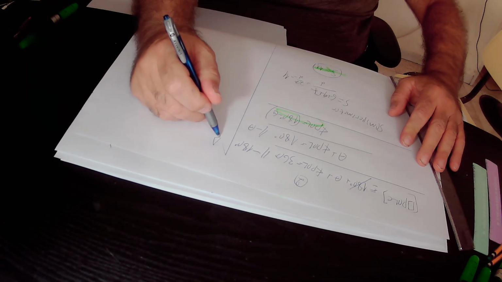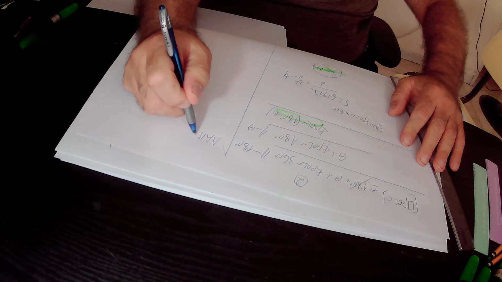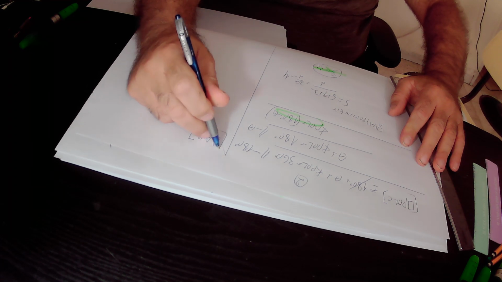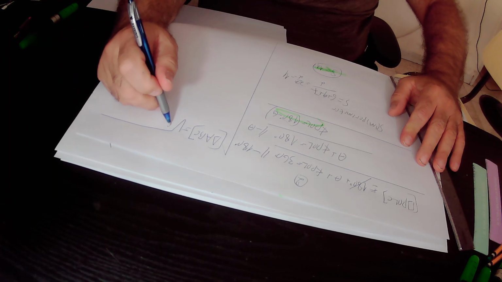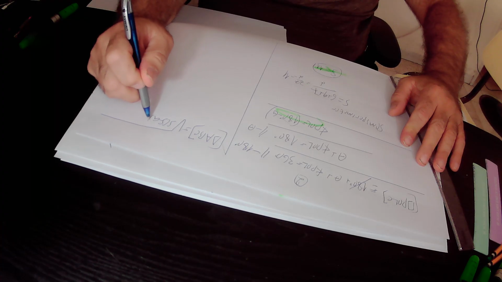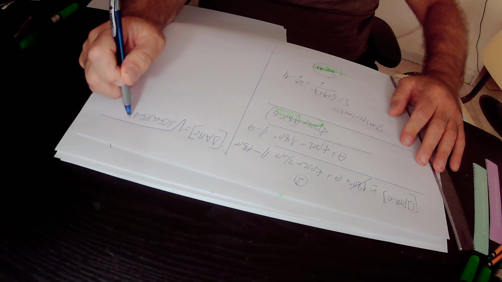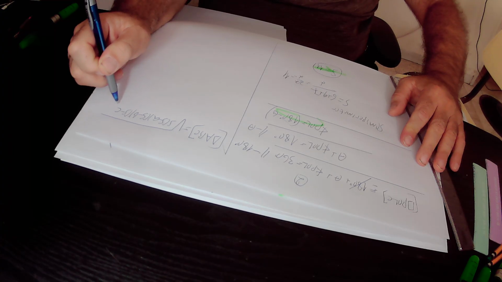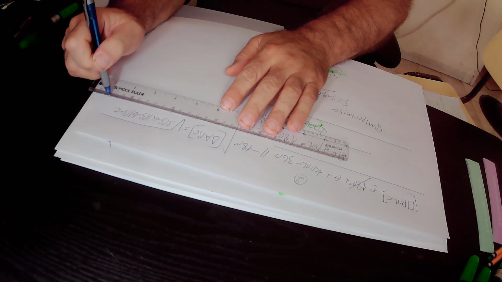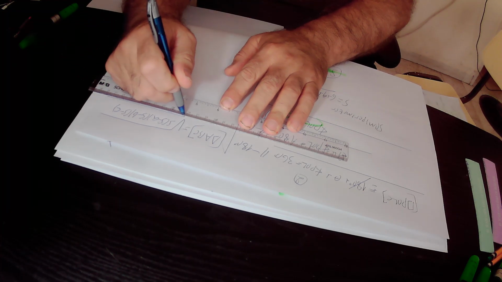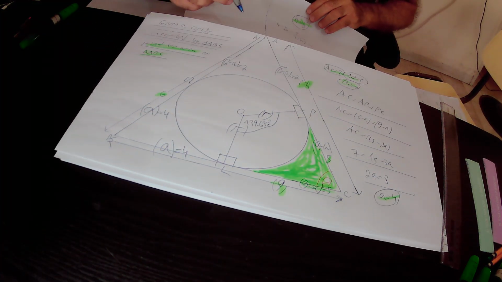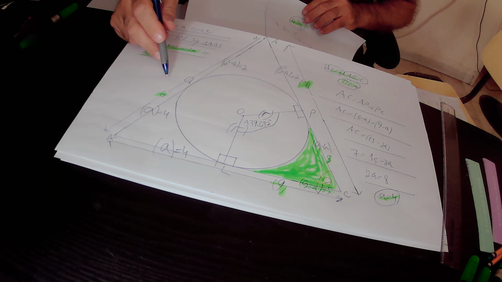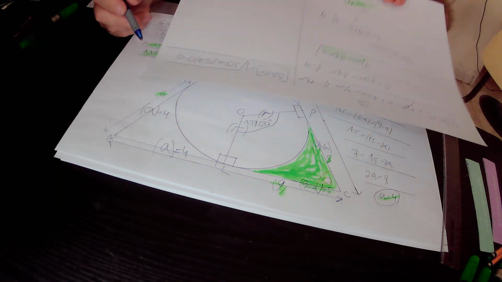The area of any triangle according to the special formula is equal to the square root of S times S minus A times S minus B times S minus C. S is the semi-perimeter of the triangle, in this case S equals 11. We define side AB as A, and A equals 6.